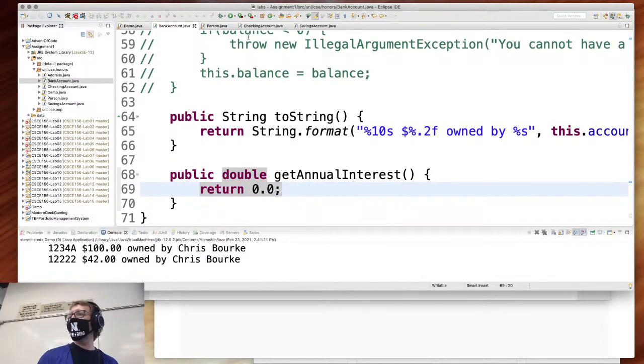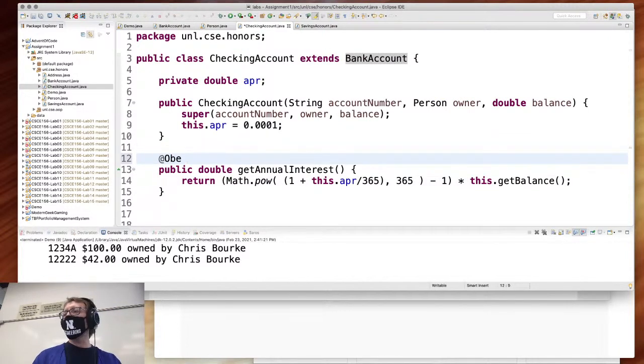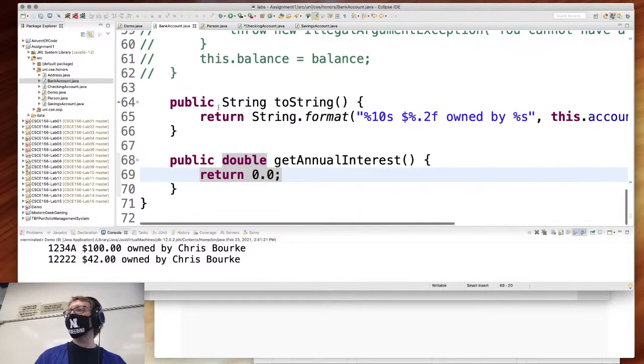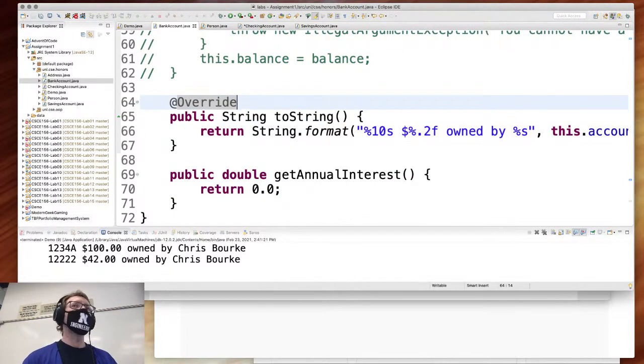And then down here in the subclass, what I've done is I've overridden the behavior in the subclass to provide different behavior. We saw this annotation before when we generated this toString method. It was automatically placed there. I think I erased it just because I didn't need it at the time. You actually don't need it at all.